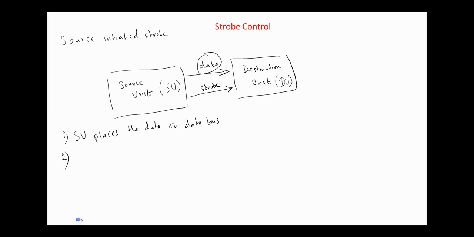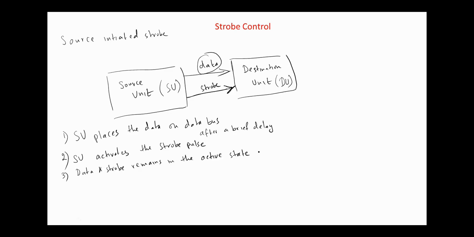After some delay, to ensure that the data settled to a steady value, after a brief delay, the source unit activates the strobe pulse here. The information of the data bus and the strobe signal remains in the active state for a sufficient time to allow the destination unit to receive the data.